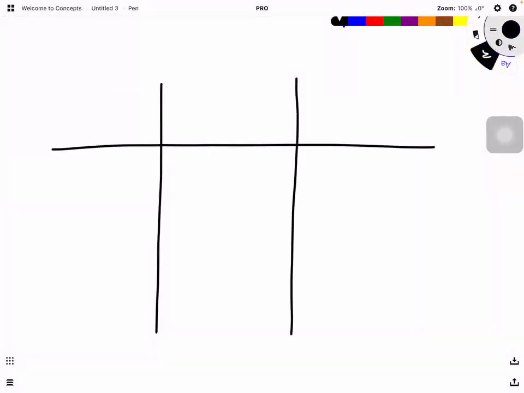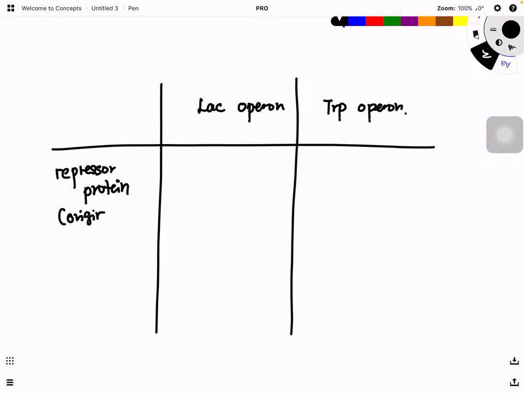We look at the Lac Operon compared to the Tryptophan Operon. First thing, we look at the repressor protein, in its original form. The original form of the repressor protein for the Lac Operon is active, but for the Tryptophan Operon it is inactive.